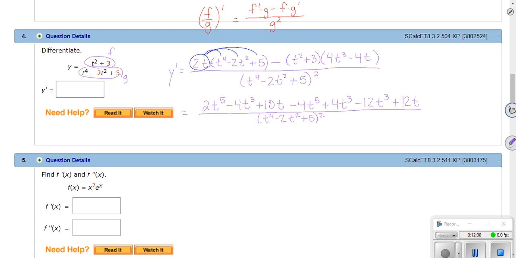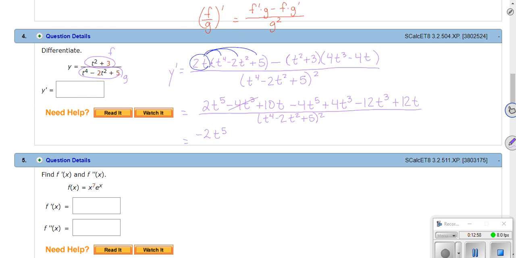Okay, now let's pretty up the numerator again. If I combine my t to the 5th terms, I'm going to have negative 2t to the 5th. I don't have any 4th terms.